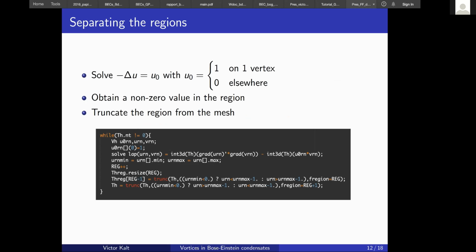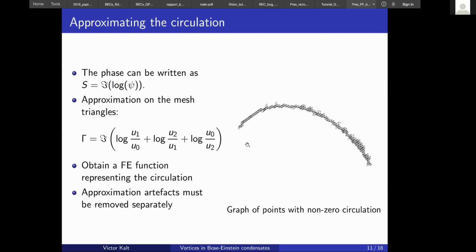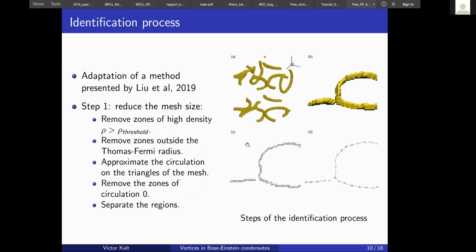So I think there are algorithms to do that more rapidly. Your subdomains are defined as the zero value of some iso value, or completely out.